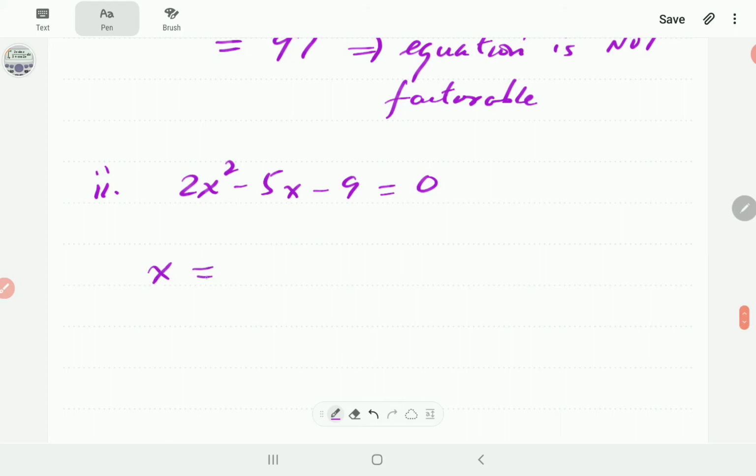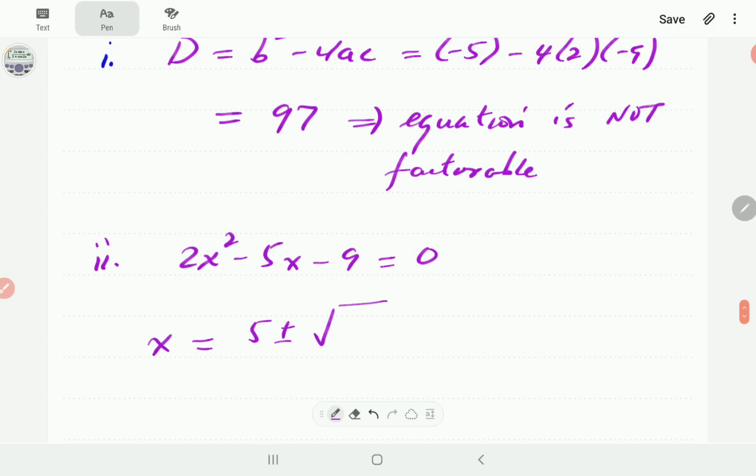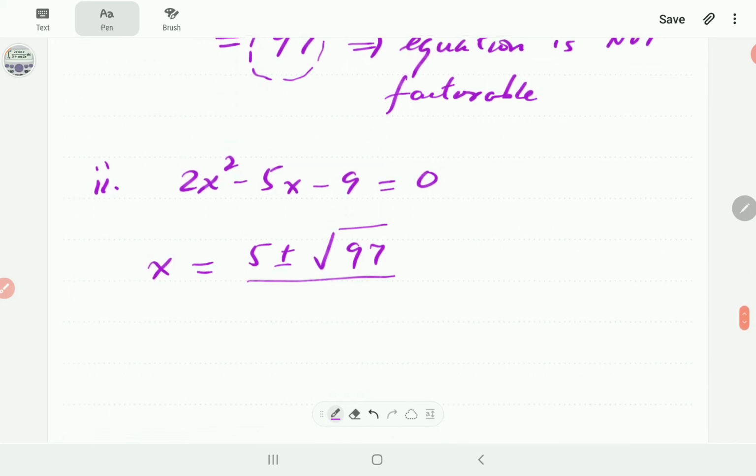Right, so using the quadratic formula, b is negative 5, so negative b is going to be 5. Then we're going to have the square root of b squared minus 4ac, which we already have from here. So we can simply plug in 97.